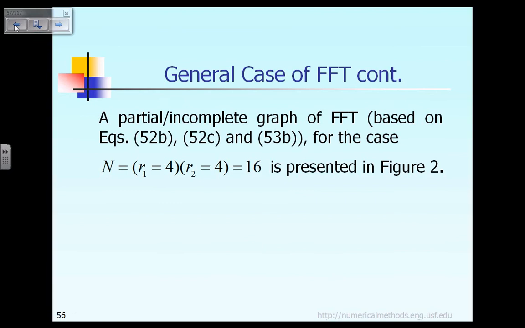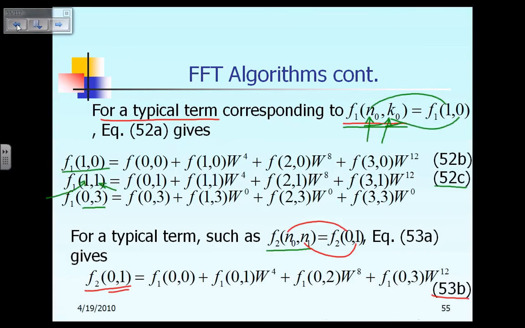Let me see where it is. Yeah, you see, f1 corresponding to 0, 3 will make use of 4 previous data, which is f0,3, f1,3, f2,3, and f3,3.